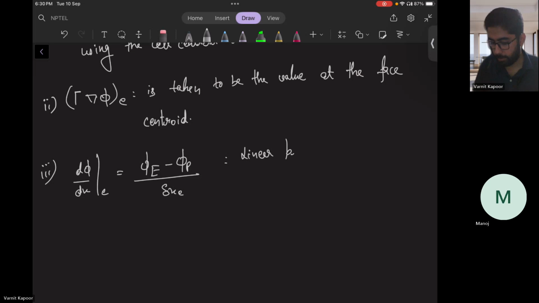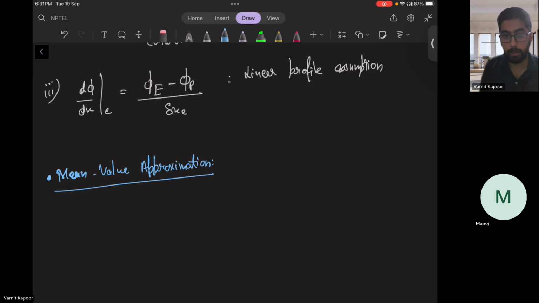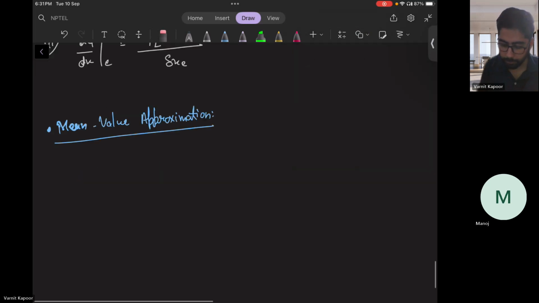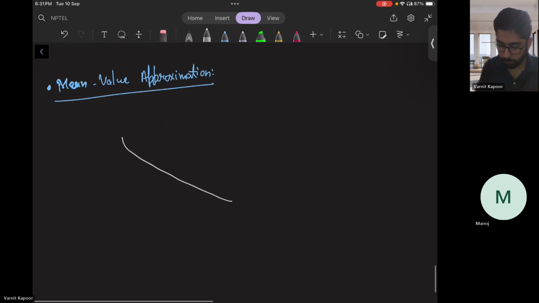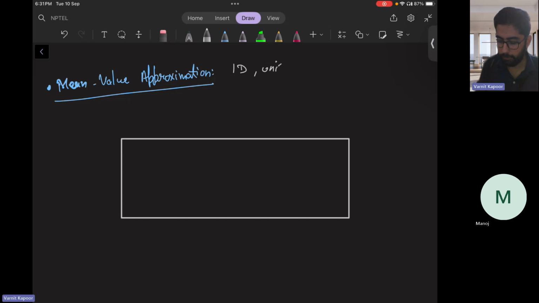Linear profile assumption. So coming to the mean value approximations for 1D uniform grid, if we come up with that. If I'm taking a 1D uniform grid, divided in three parts, uniform grid.